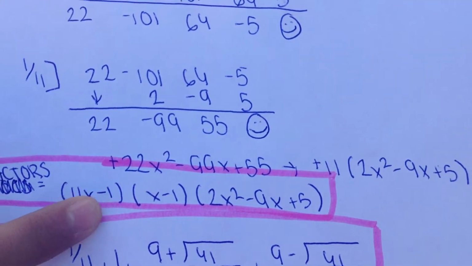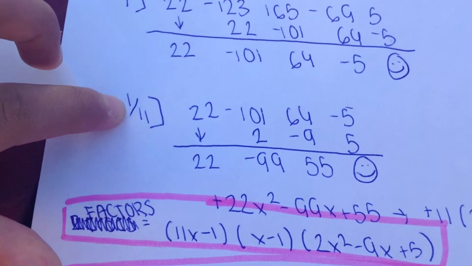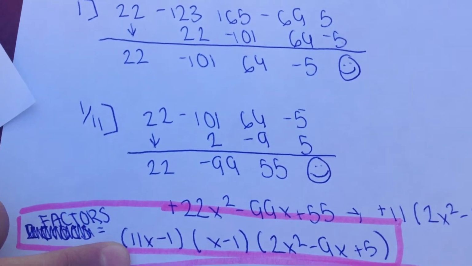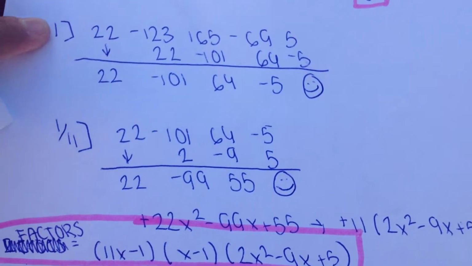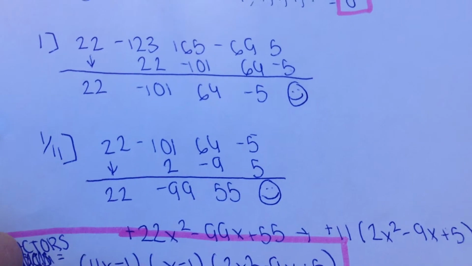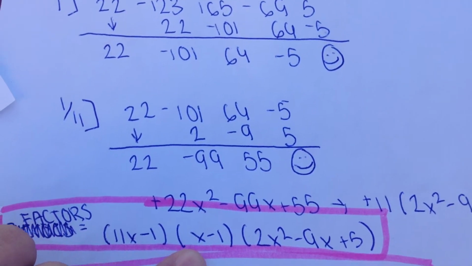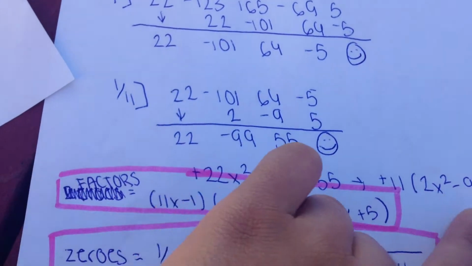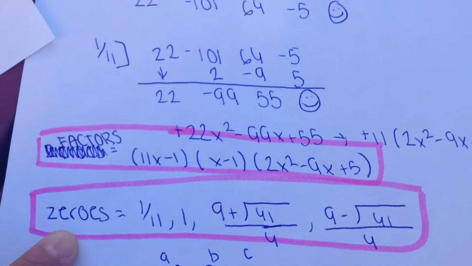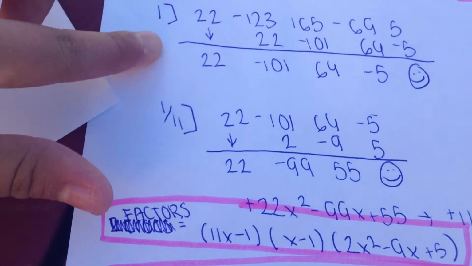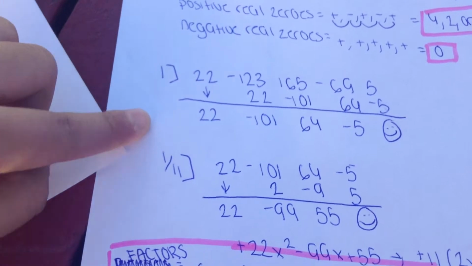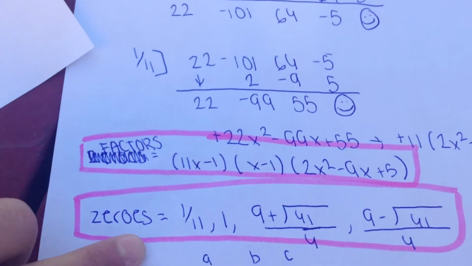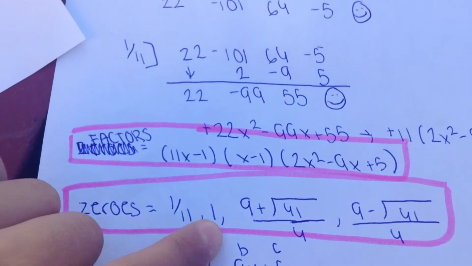And 11x minus 1, we got from setting it equal to 0. And this, we set equal to 0 to find x, and we get x minus 1. So these end up being our factors. To find our zeros, we bring down the two zeros that we already found. So 1 is one of them, and 1 over 11 is another one.